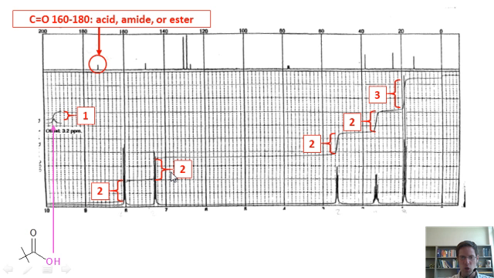What about these two signals? I've got signals that are 2 to 2 in the 6 to 8 region. This is aromatic land. Now granted, this is slightly outside of 8. Don't worry about it. Aromatic land. How can I get a 2 to 2 ratio in aromatic land? What that is, is a para-disubstituted benzene.